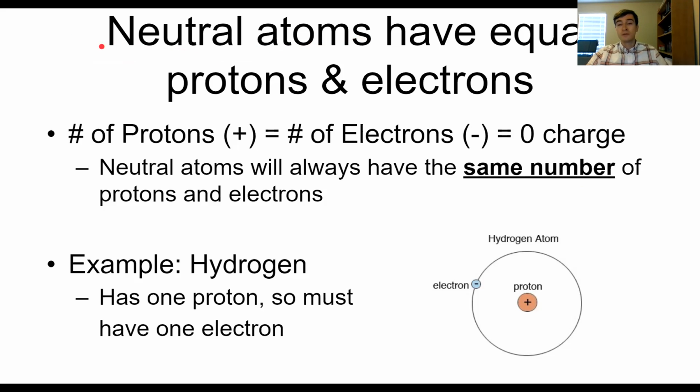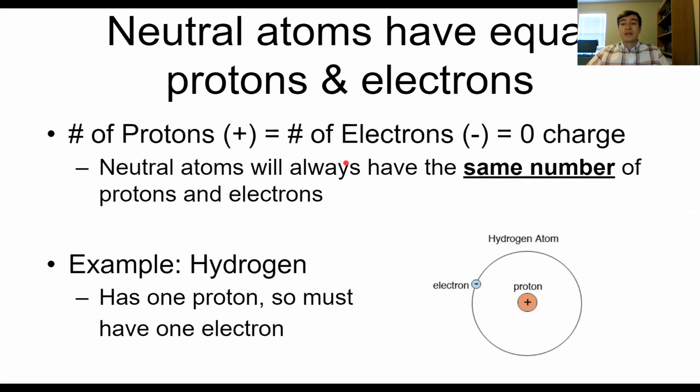So for the stuff that you're going to be working on, you want to make sure that you have the same number of protons and electrons in your atoms. If you took a chemistry class later on in life, there are atoms that have more protons than electrons. They have more positives than negatives, so they'd have an overall positive charge.